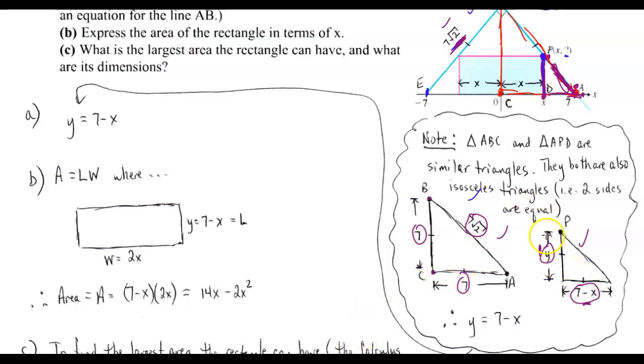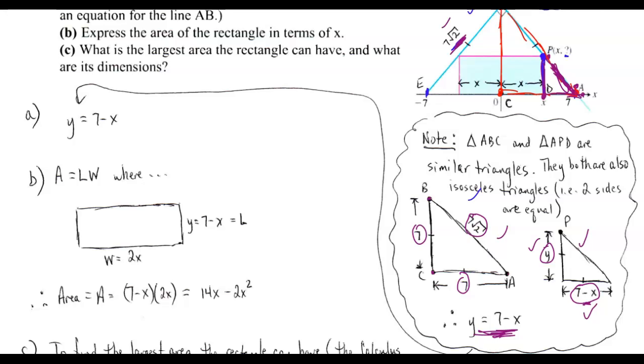Okay, so I can simply just look here and say, hey, these are similar right triangles. So since the base of the smaller isosceles right triangle is 7 minus x, then that means that the height of it also has to be 7 minus x. And so that's how we get what y is going to be in terms of x.